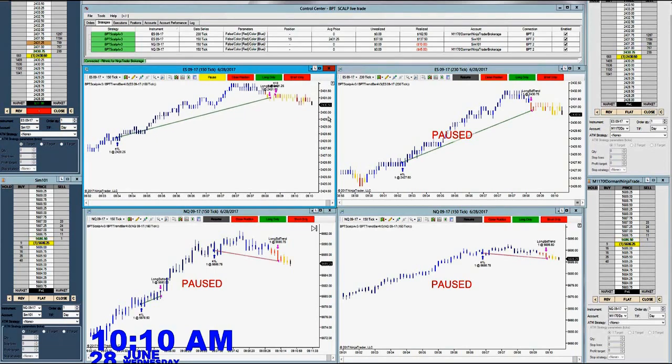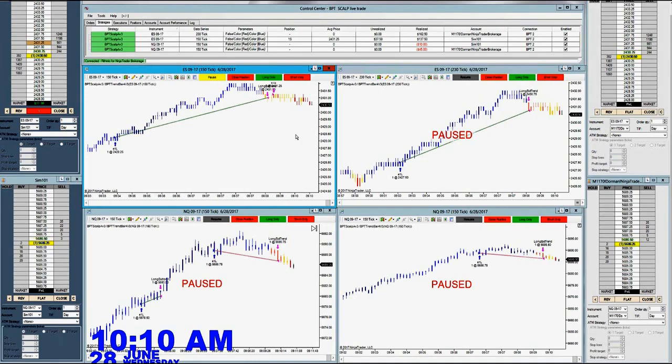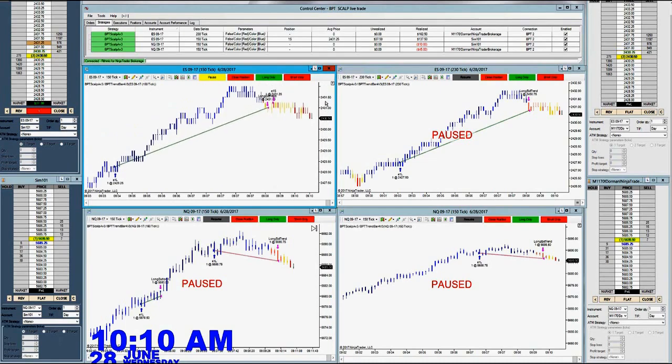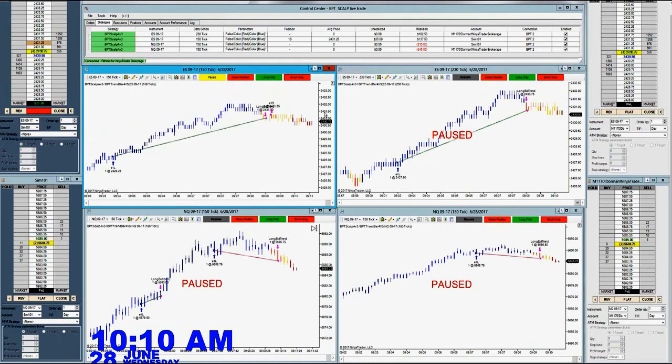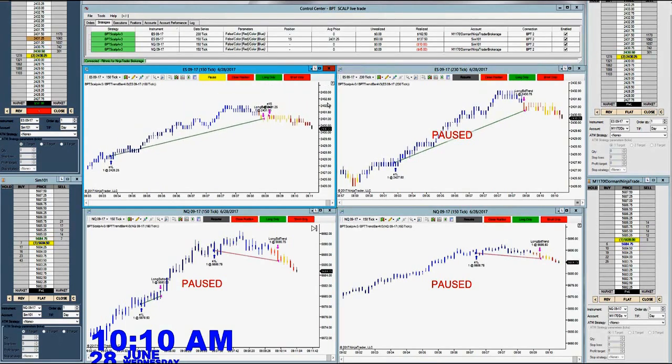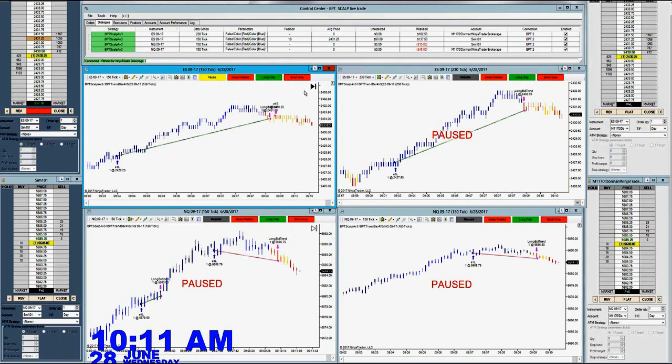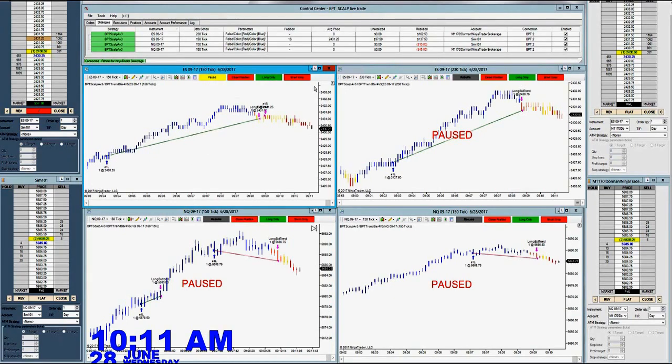Now, if you notice, the ES took another trade because it's on 150 ticks, but my live trading chart is on 230. And look, with my luck, if you think about it, I lost because I made a mistake. I lost one good trade on the NASDAQ, and I didn't put 150 on the ES.